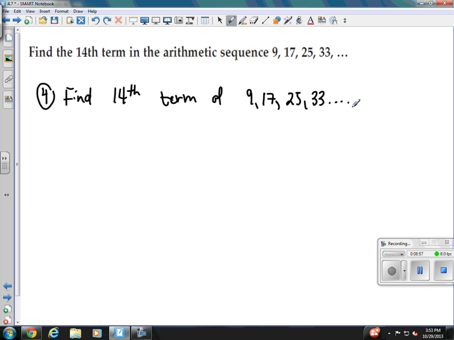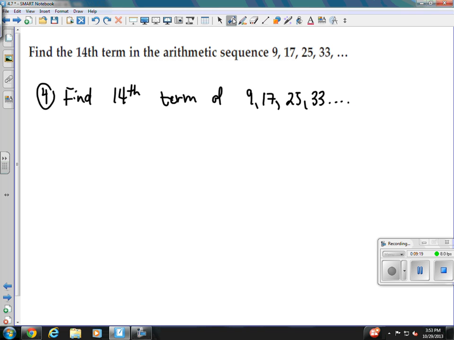So I could feasibly find the pattern and add the pattern 11 more times to get the 14th term, but that would take a while. Because it's asking me to find such a higher term, this is when it's more successful to use our formula. It'll be a little bit quicker.